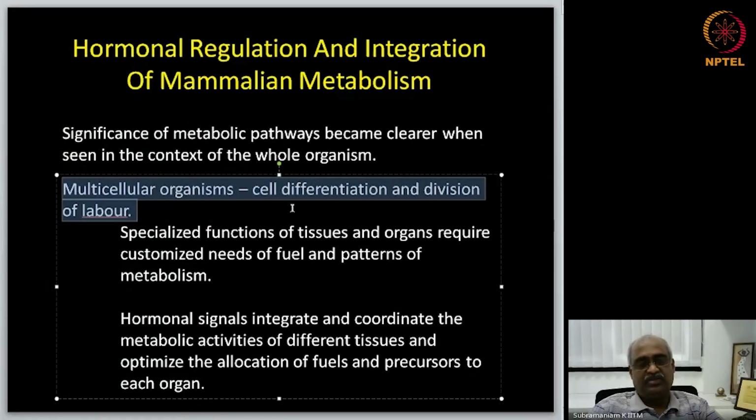Multicellular organisms. So you have cell differentiation, meaning initially during development you make multiple cells and then they have to become multiple kinds of cells. Okay, for example, the cells of your eye, rods and cones, sense light, whereas cells of blood, like for example red blood cell, does the job of carrying oxygen from lungs to tissues.